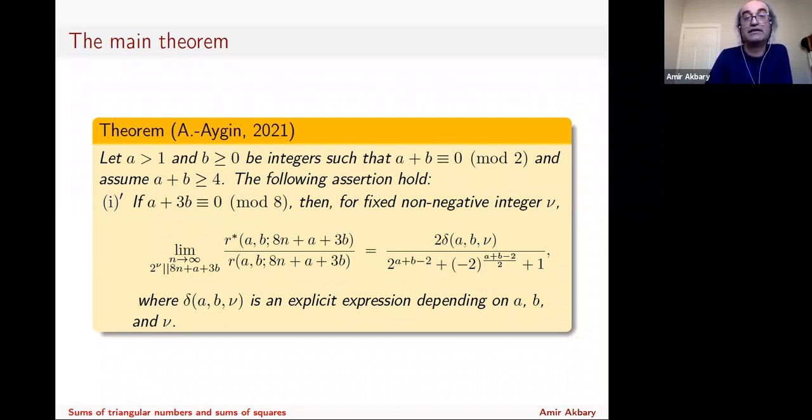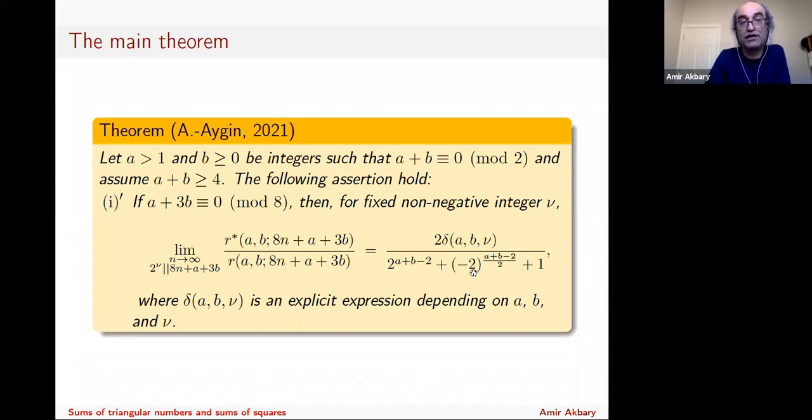More precisely, if you fix a non-negative integer nu and look at all those integers n such that 8n plus a plus 3b is divisible by 2 to the power nu exactly, so the multiplicity of 2 in these numbers is exactly nu, and you look at this subsequence, this limit is going to exist and is going to be basically 2 divided by this specific number times a factor delta_{a,b}(nu), which we actually computed, but here I'm not going to write it.